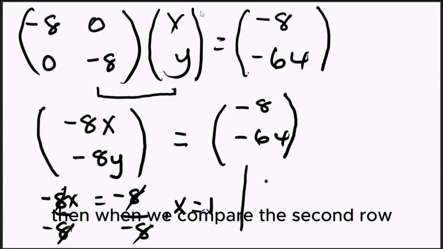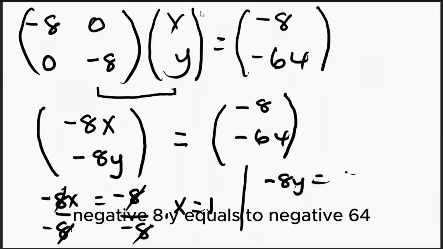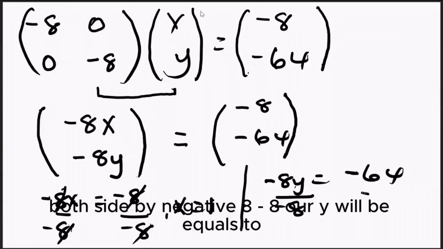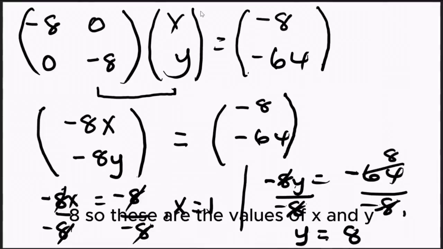Then when we compare the second row, negative 8y equals negative 64. Dividing both sides by negative 8, our y will be equal to positive 8.